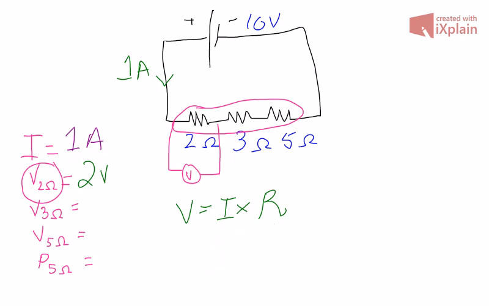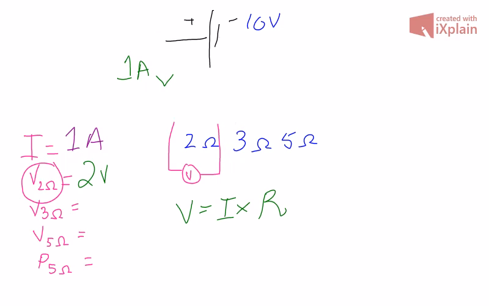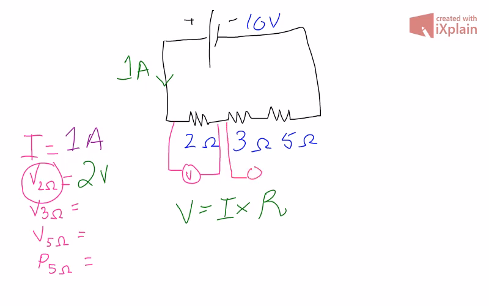Now our next part is what happens if we measure our voltage drop across the 3 ohm resistor. We'll put a voltmeter here. In this example, we know the current is still the same.